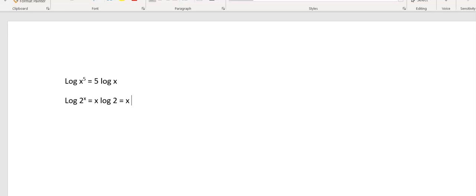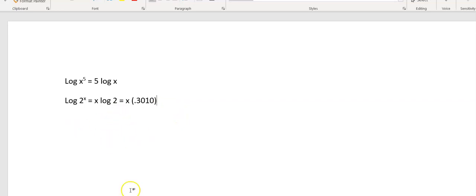So if I put log of 2 into my calculator, I hit the log button and put a 2 behind it, I get 0.3010. Now I can't do anything to the x, but I get x times that number.